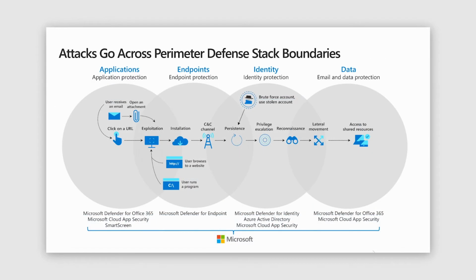Defender for Identity sits alongside Microsoft's other security solutions such as Defender for Endpoint, Defender for Office 365, Cloud App Security, and Microsoft Azure AD Identity Protection to provide a really unique view of what's happening in your environment.